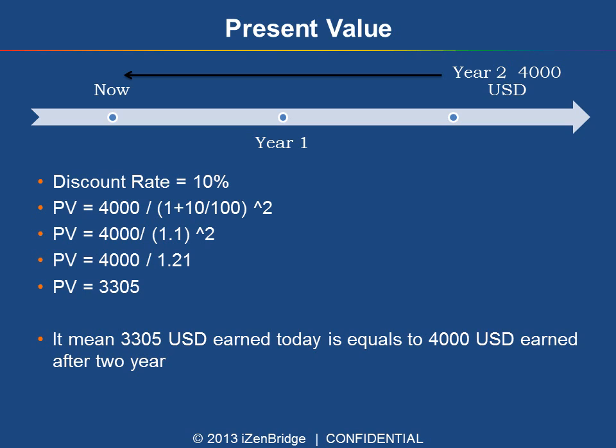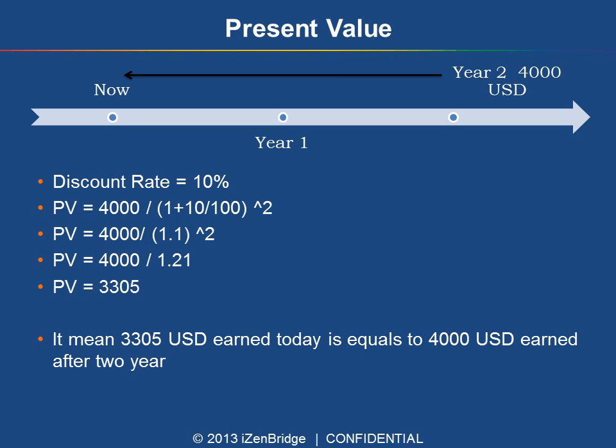Let us look at an example. Now, if we want to calculate a present value of $4,000 which we are expected to get after 2 years, we need to divide it with a discount rate. So in this particular calculation, I am assuming a discount rate of 10%. So we divide 4,000 by 1 plus R, which is 10 divided by 100, raised to the power 2, because this period is 2 years.